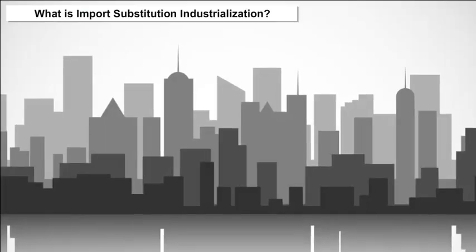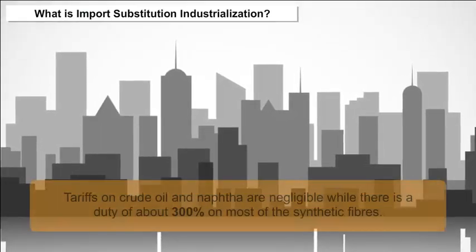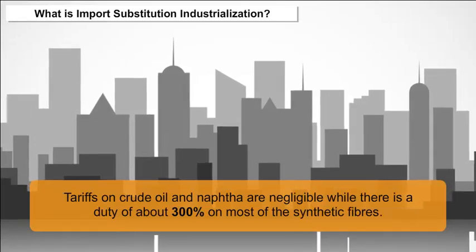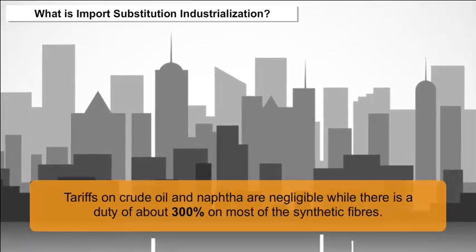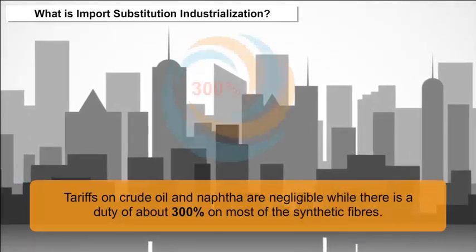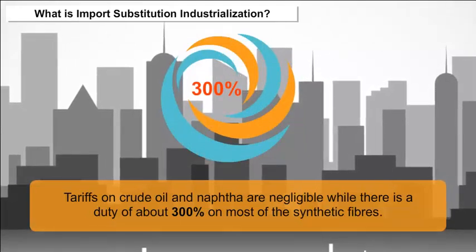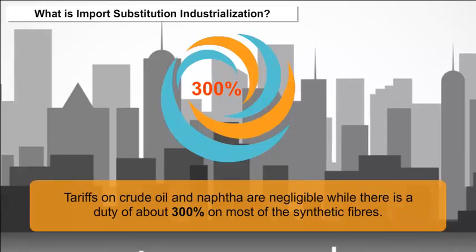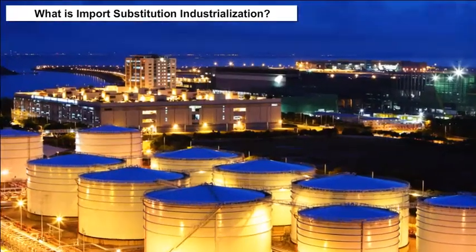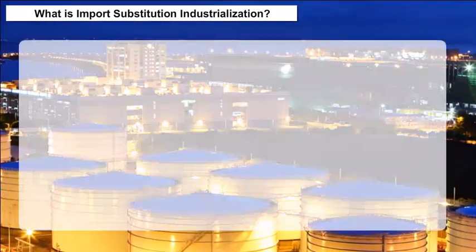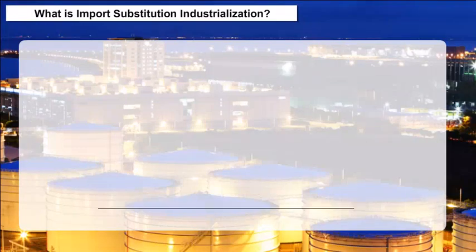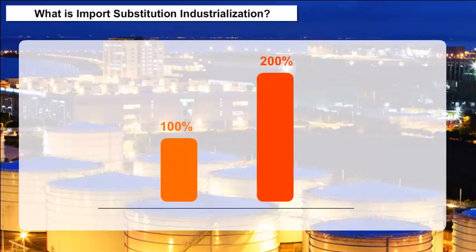For example, in India, the tariffs on crude oil and naphtha are negligible, while there is a duty of about 300% on most of the synthetic fibers. The duty on basic intermediates for producing these products varies between 100% and 200%.